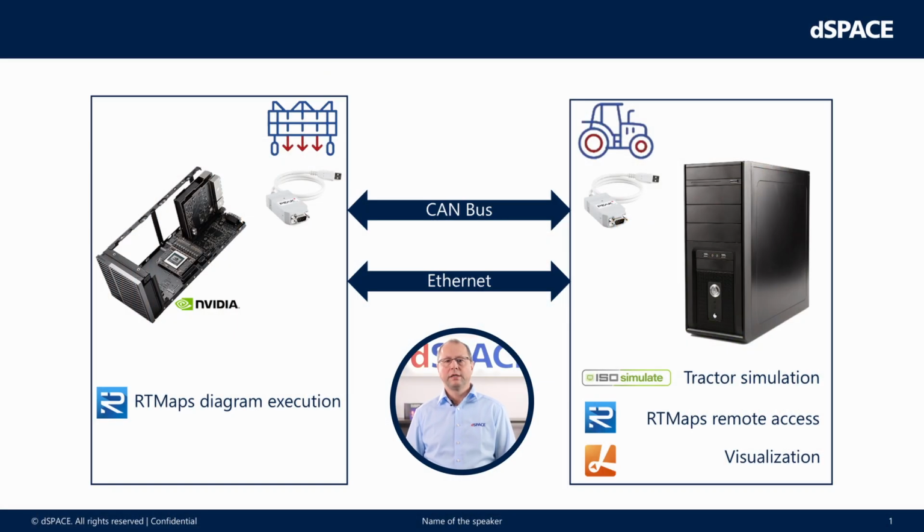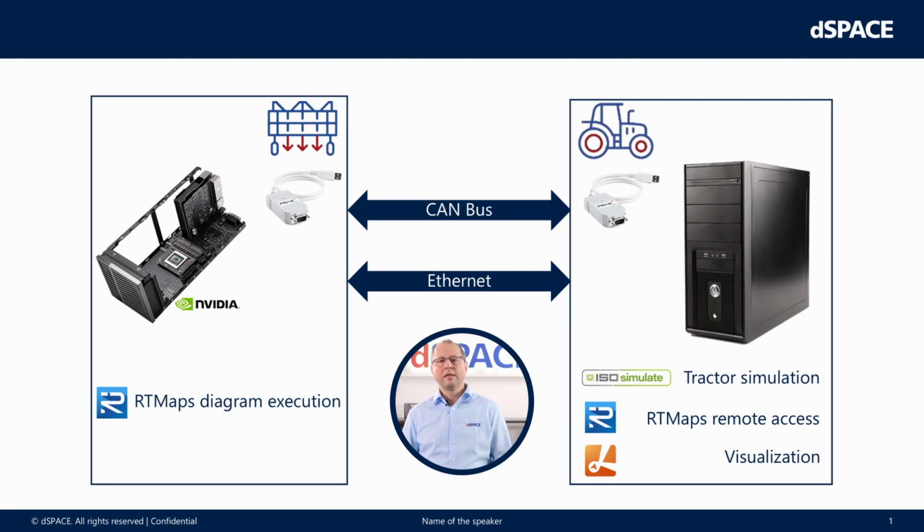First, let's look at the hardware architecture. We have a PC connected to an NVIDIA embedded board. The tractor simulation is running on the PC, and the PC is also used for RTMaps remote access and visualization. The application runs in the RTMaps runtime environment of the NVIDIA embedded board.